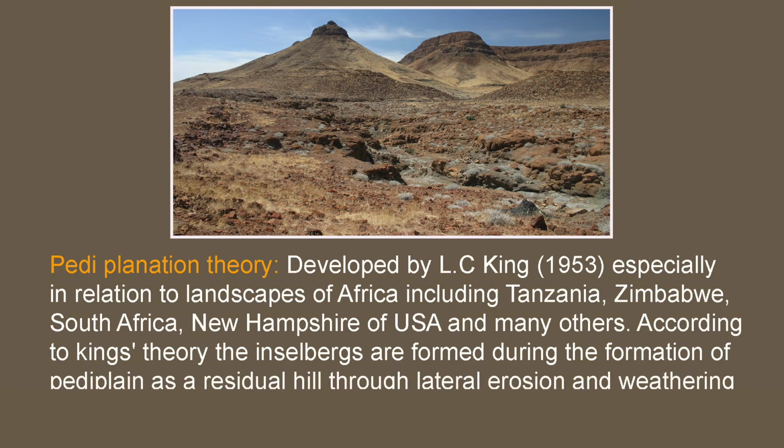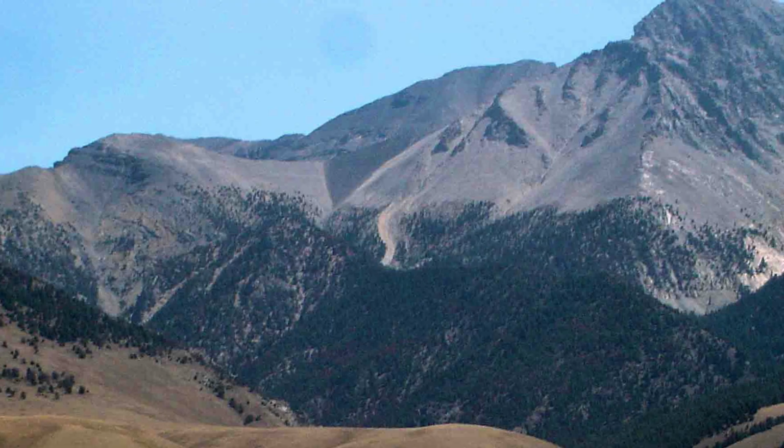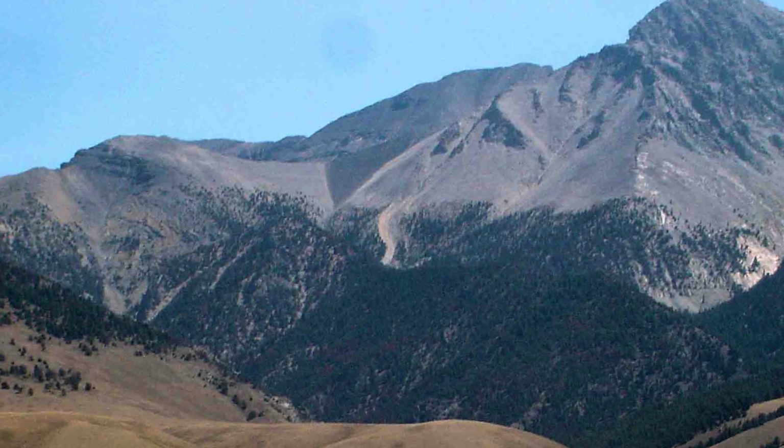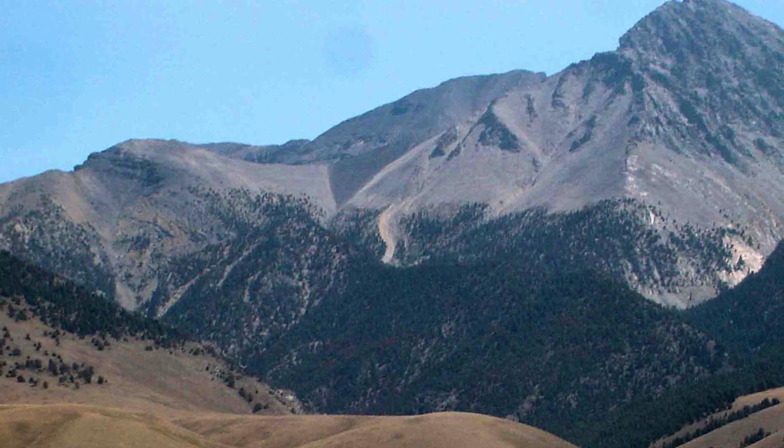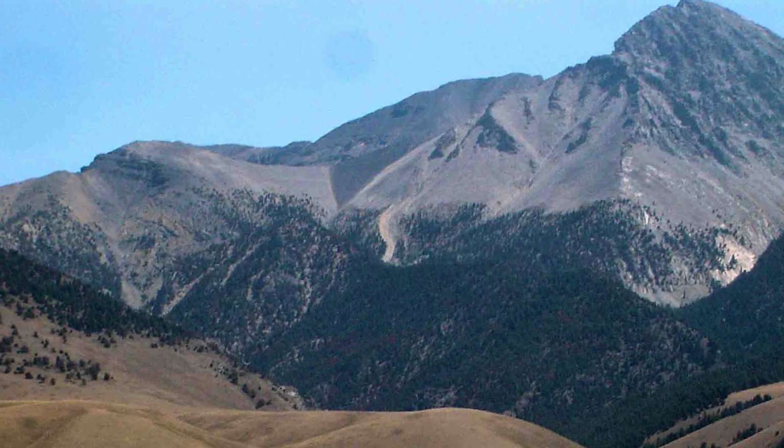According to King's theory, the inselbergs are formed due to the formation of a pediplain, as a residual hill through lateral erosion and weathering of the scarps. Scarps are escarpments, which are steep sloped cliffs. This theory explains the presence of inselbergs on low plains. They are usually associated with scarp retreat and long-term denudation.